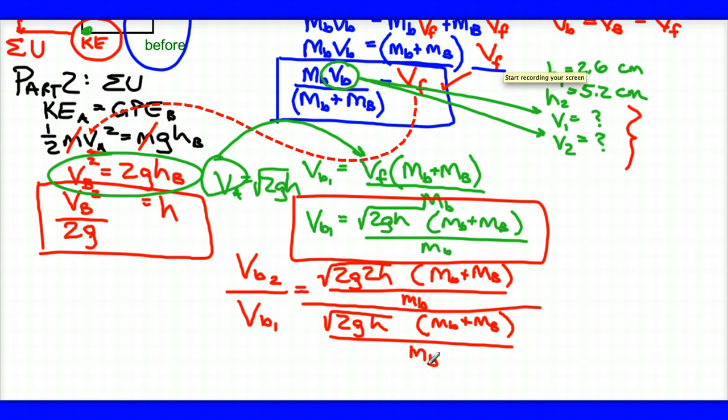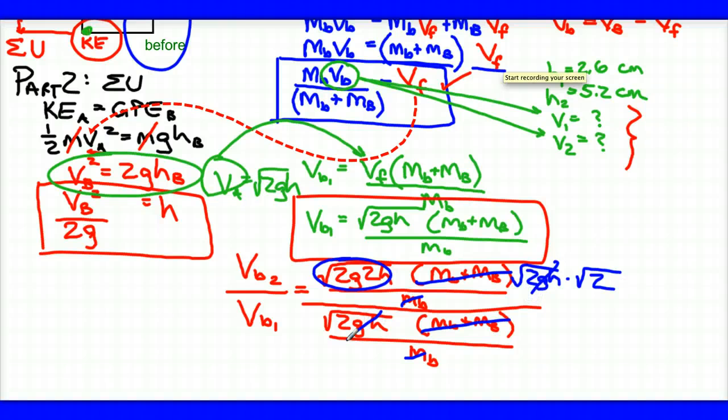Okay, so now I can say, hey, look, most of these things show up 2 times. That goes away, and everything in here goes away except for the square root of 2. In other words, I could rewrite this as root 2gh times the square root of 2, which means then that the 2gh goes away, and the root 2gh goes away here.